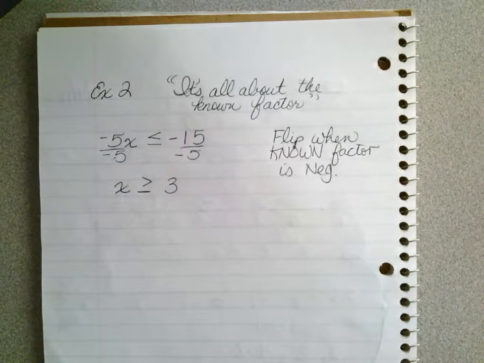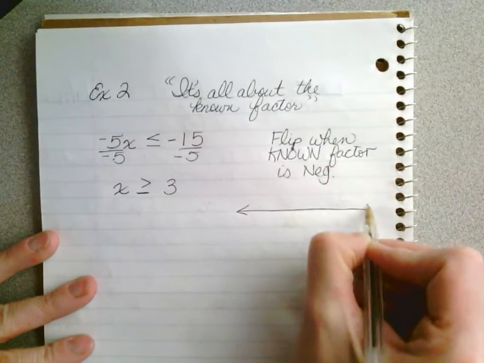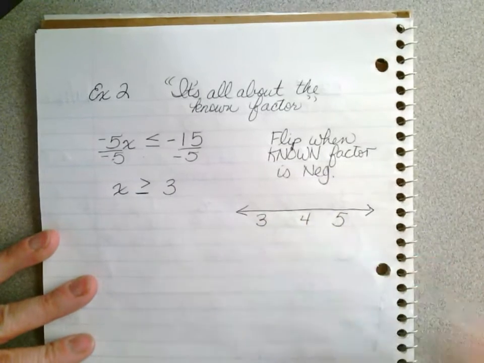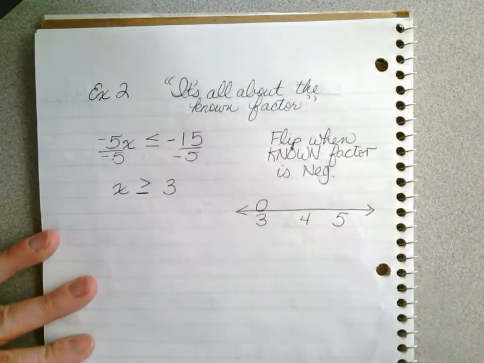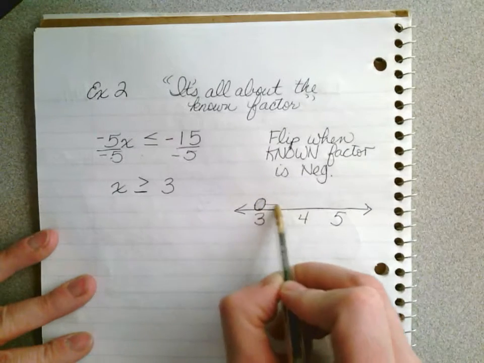So that means anything bigger than 3: 3, 4, 5. Greater than or equal to positive 3.